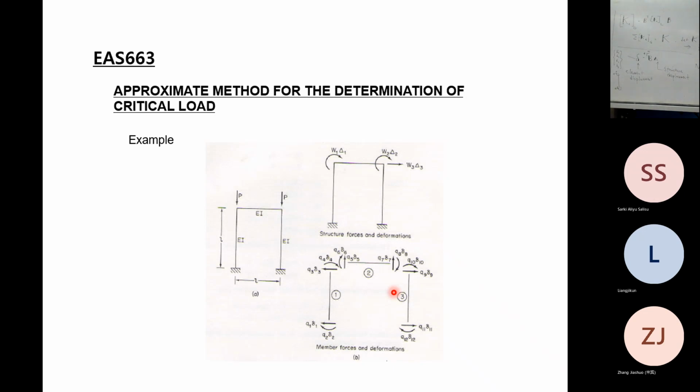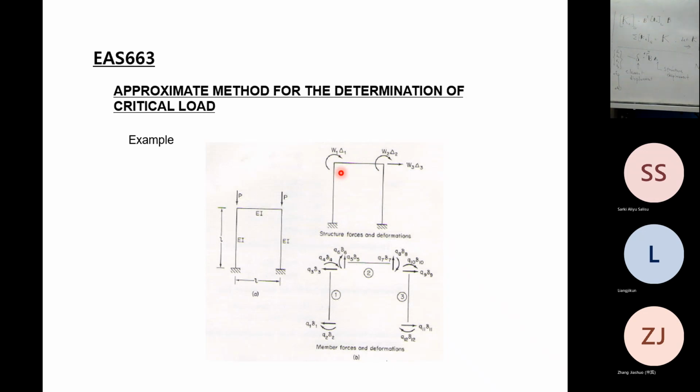And delta 3 here, delta 3 is the translation. We correspond to this joint, it will equal to, remember here, this displacement and this displacement, they are the same. So this also has translations of delta 3.